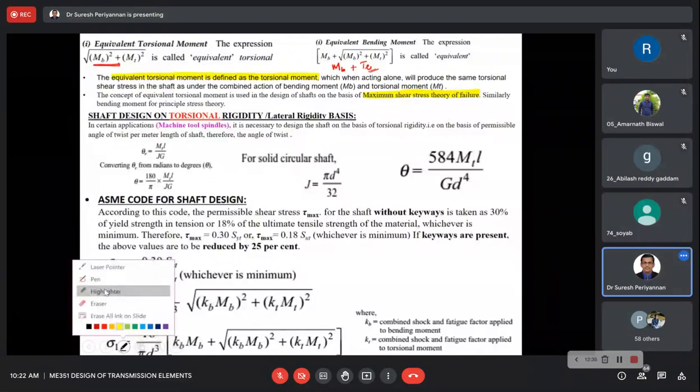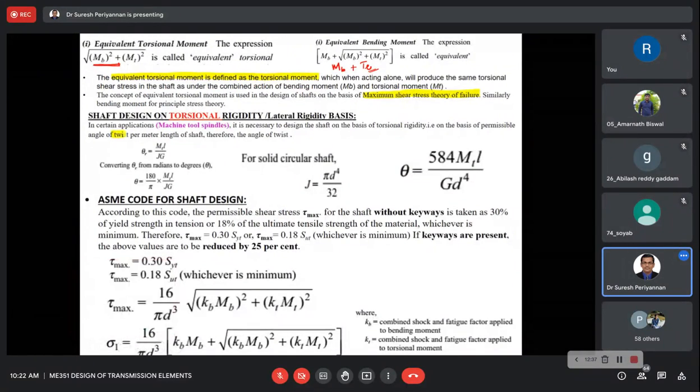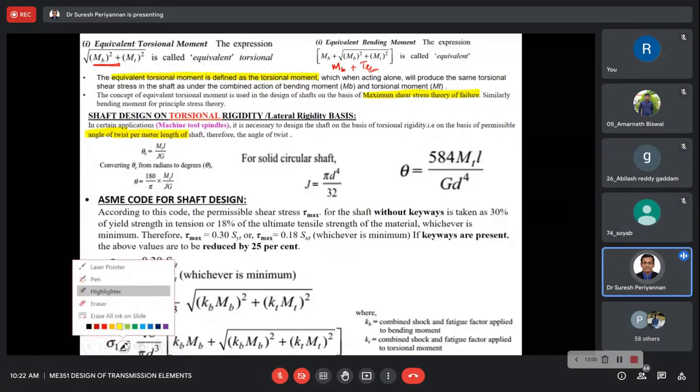This is the angle of twist. When we consider the parameter angle of twist, we use the torsional rigidity concept to design the shaft. Now, what is torsional rigidity? The same formulas I wrote yesterday, the bending equation and torsion equation, are very important.